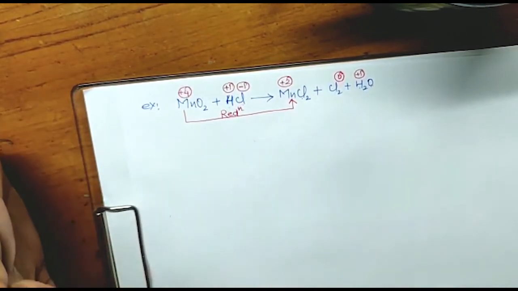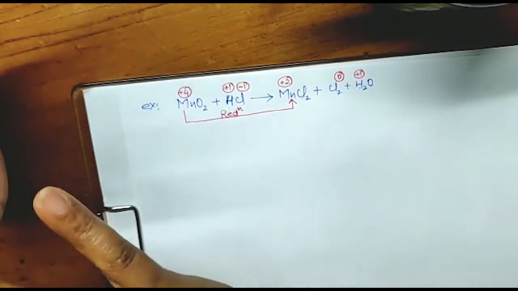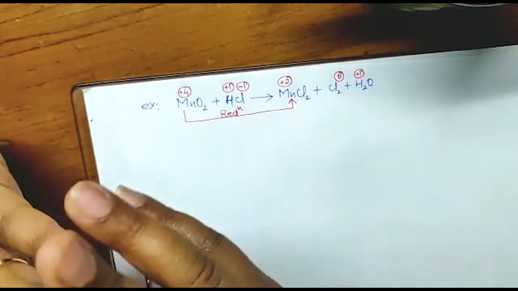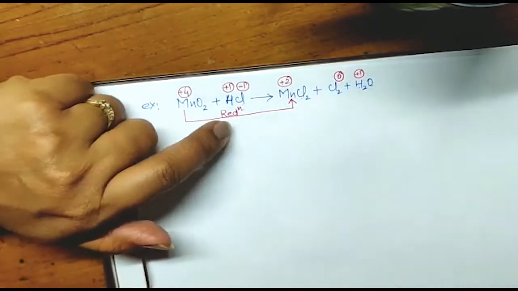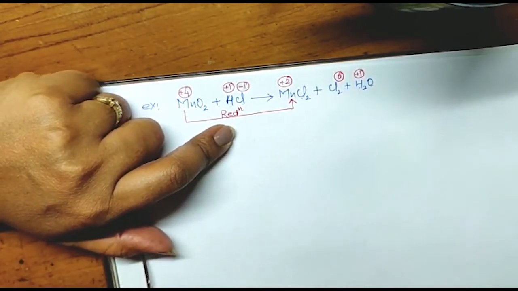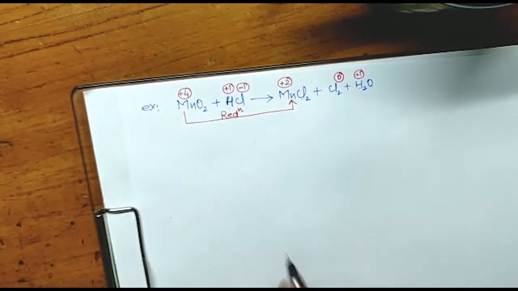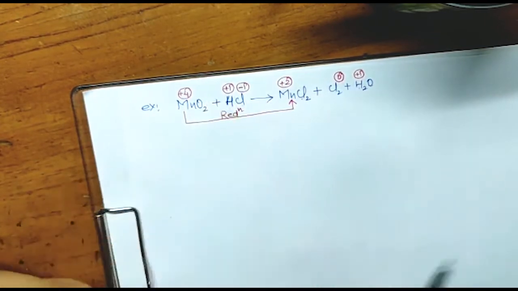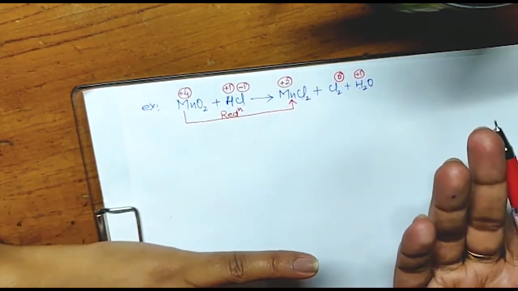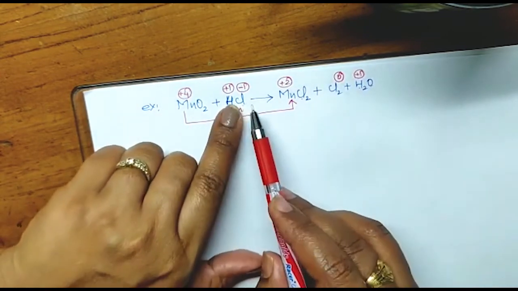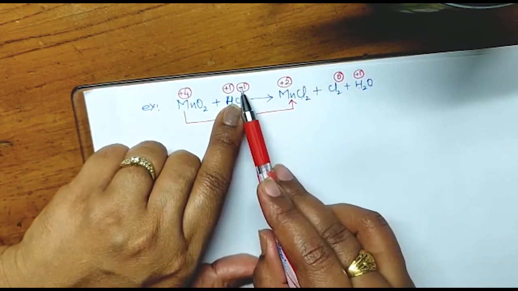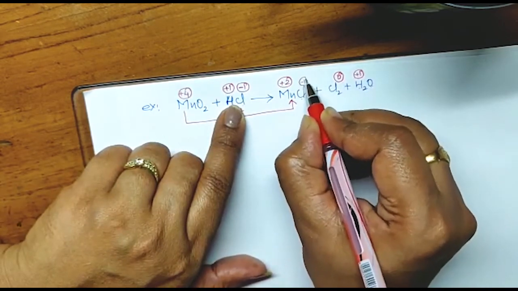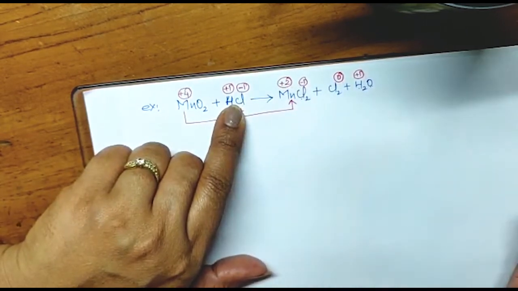It is not possible in any reaction that only oxidation or only reduction will be there. If there is reduction, there must be oxidation. So H has no change in oxidation number, so obviously we have to check the next atom. Check the chlorine. Cl is -1 here, and here again -1, so there is no change.